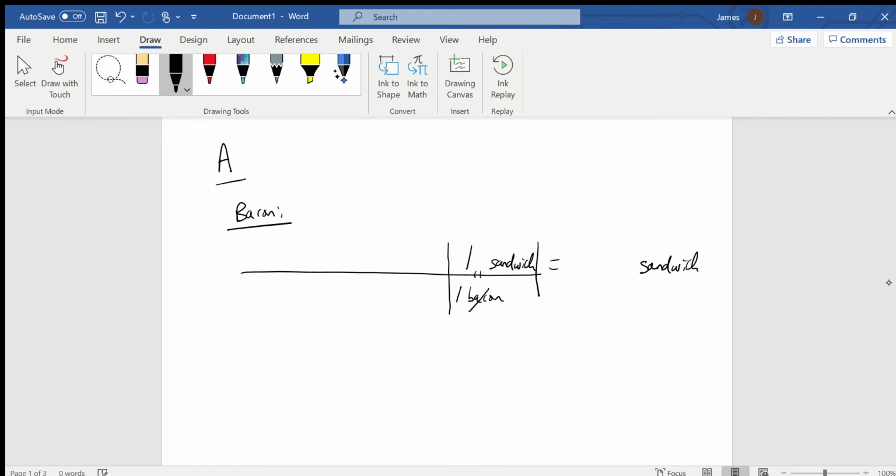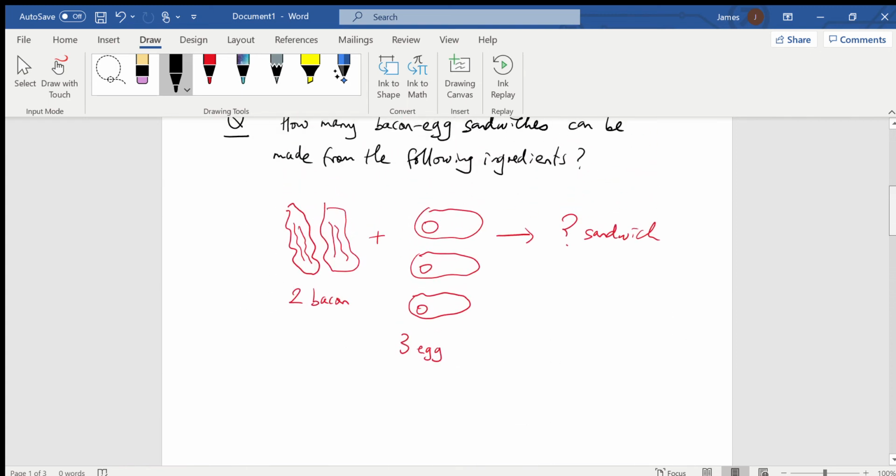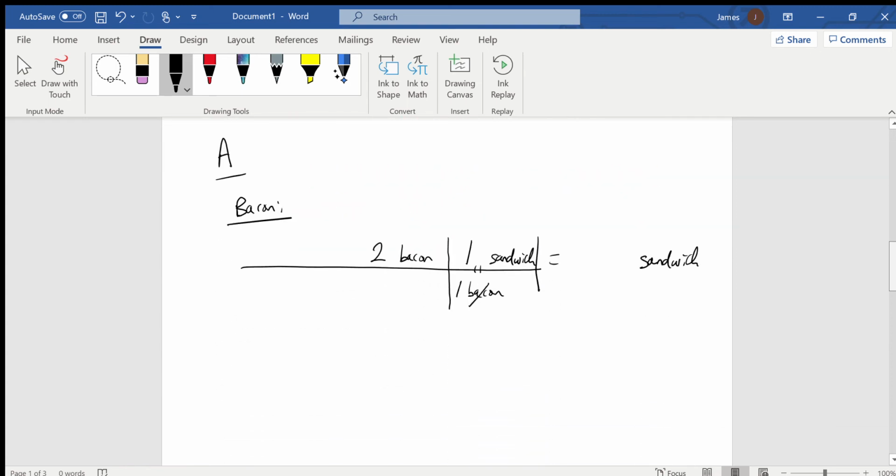So I can put bacon as the preceding object, and now I want the input of how many bacon I had. In my question, I had 2 bacon. All right, so 2 multiplied by 1 is 2, divided by 1 is still 2. So based on the bacon, I can make 2 sandwiches.